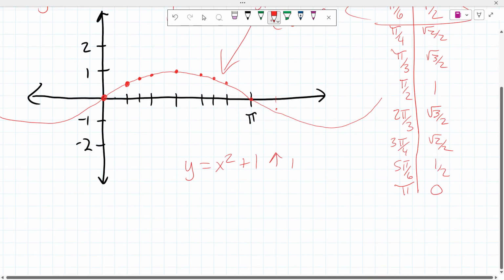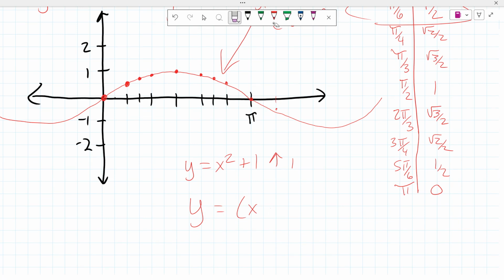What if something happened inside the parentheses when it was x minus 1 quantity squared? What happened to the graph? Everything moved? Actually, right 1. Because if it's inside the parentheses, it moves the opposite way of what you think.